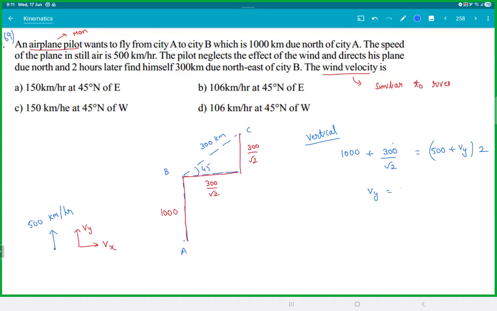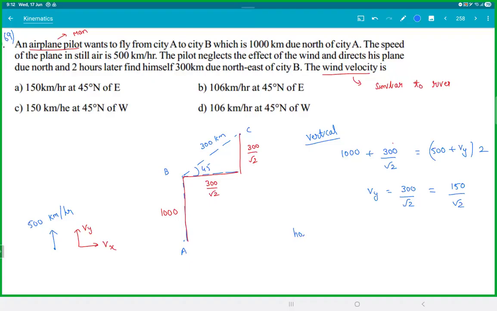So we get Vy is equal to 300 by root 2, or 150 root 2 kilometers per hour. 300 cos 45. Yeah, there's a 2 also coming down now, 150 by root 2.